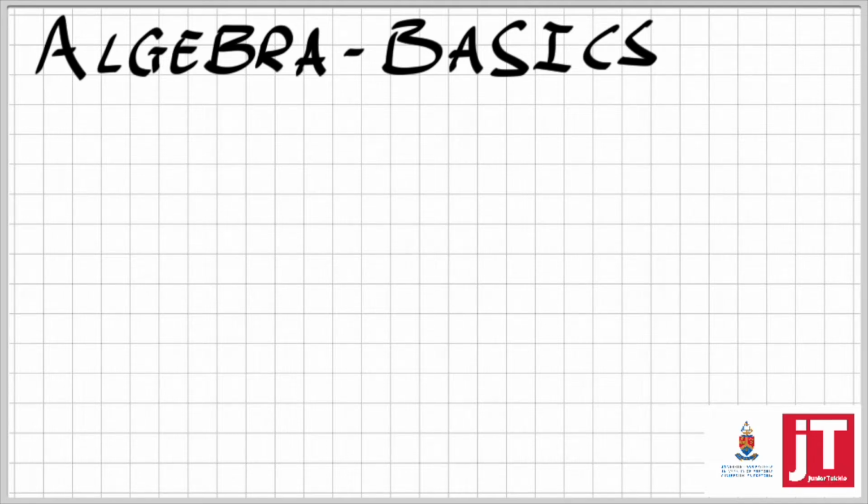The thing is, ladies and gents, what makes algebra difficult is that this is the part where we start going away from concrete mathematics, where things are just visible, like a quarter of an apple and 2 hours, and it becomes more abstract.